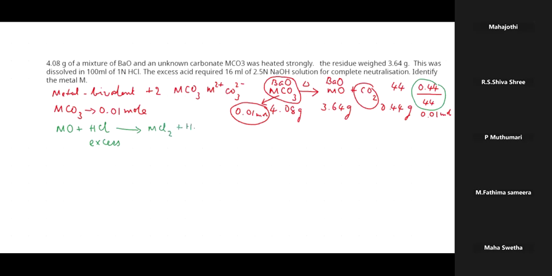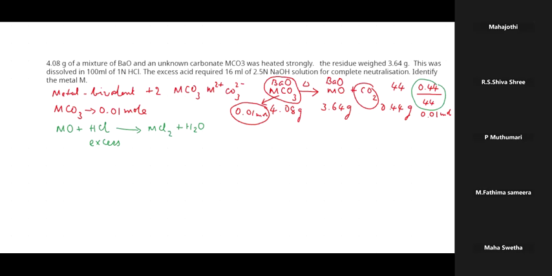We have already concluded that the metal is in the +2 oxidation state. As I have taken excess hydrochloric acid, the metal oxide reacts with the hydrochloric acid forming metal chloride, and still unreacted hydrochloric acid is there.